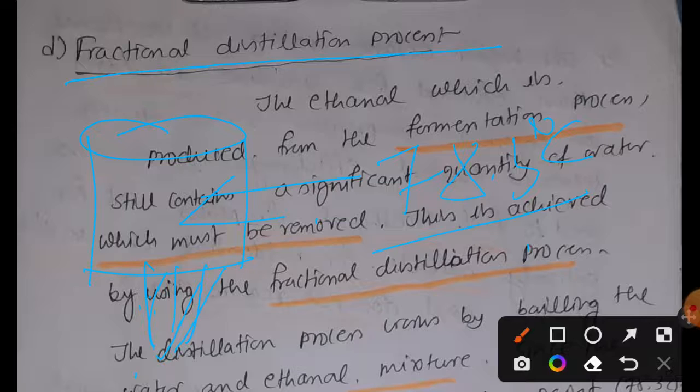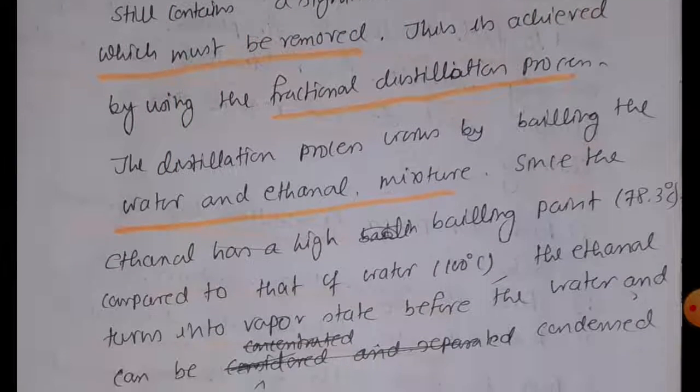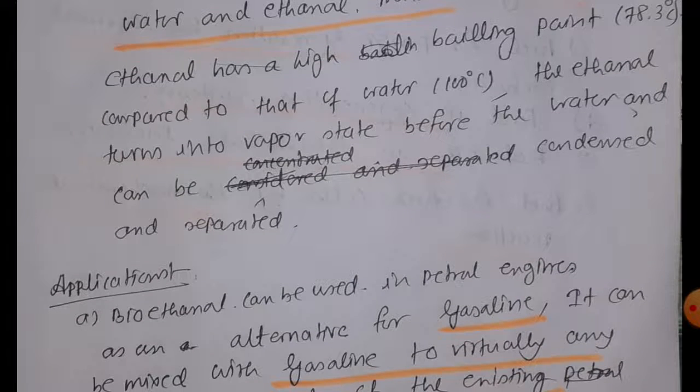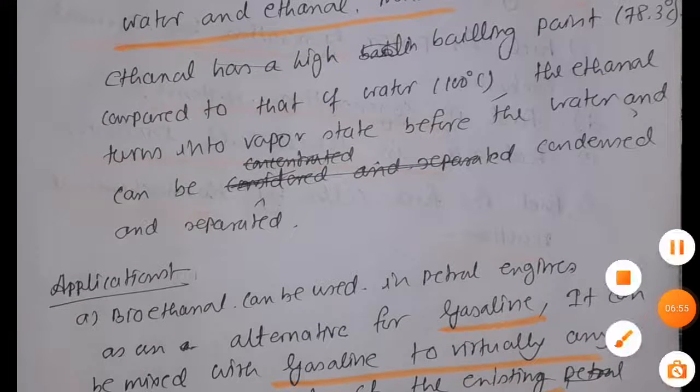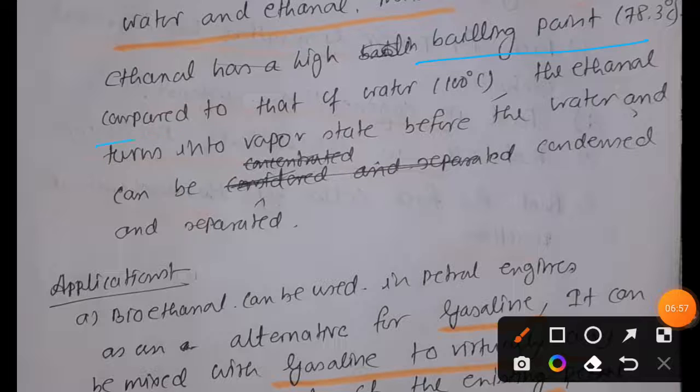So ethanol will be converted into vapor first, then the water, and can be easily condensed and separated. That is the idea of the fractional distillation process. That is nothing but simple boiling and separating compounds on the basis of their differences in boiling point.